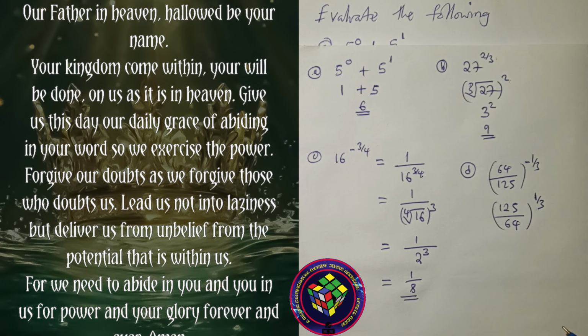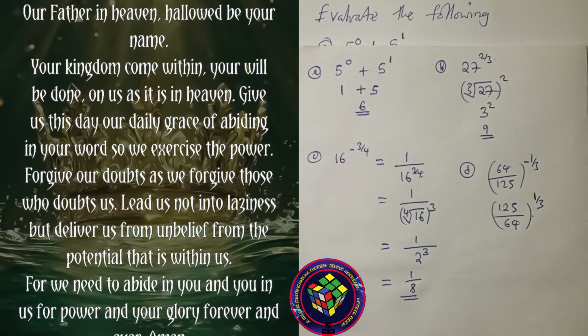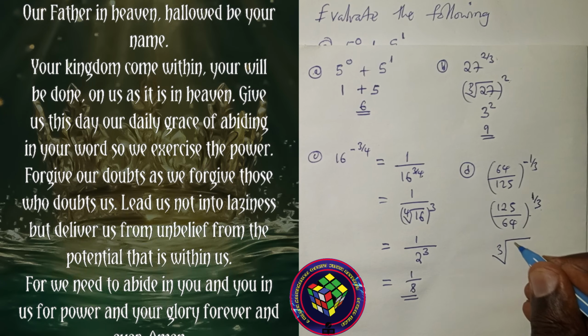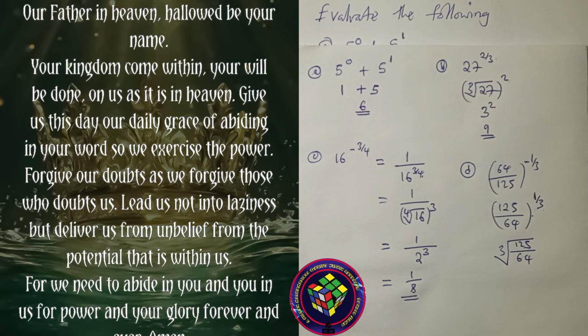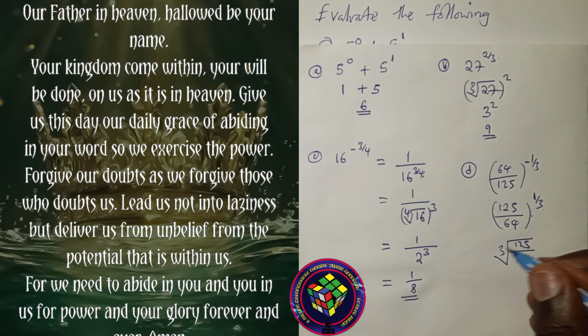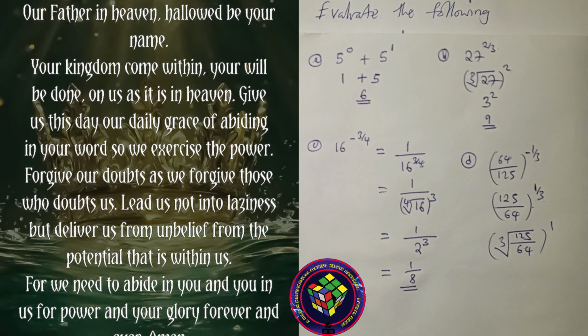Again, you can see that here we have a power of a fraction. When you have a power of the fraction, always remember that the denominator is the root and the numerator is the power. So this 3 will be cube root. So we get cube root of 125 over 64, then to the power 1, since the numerator there is 1.